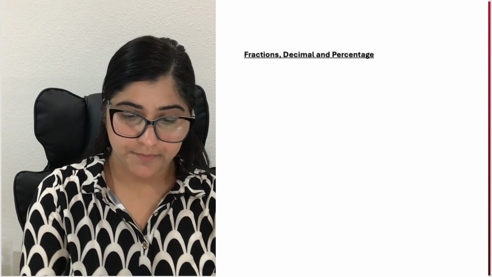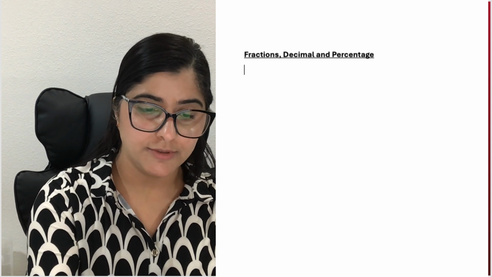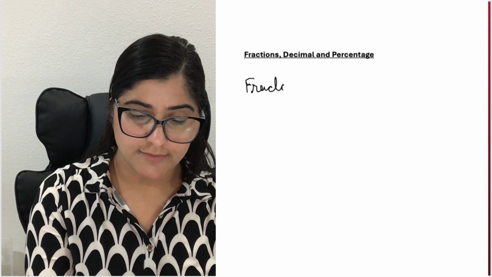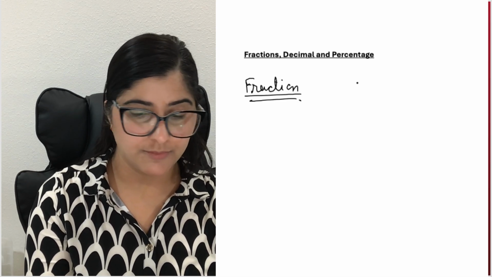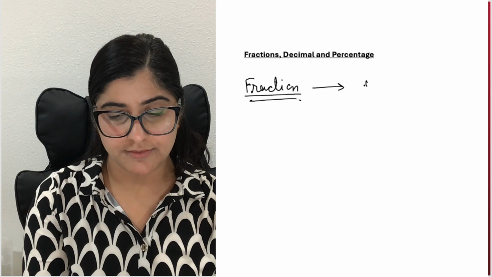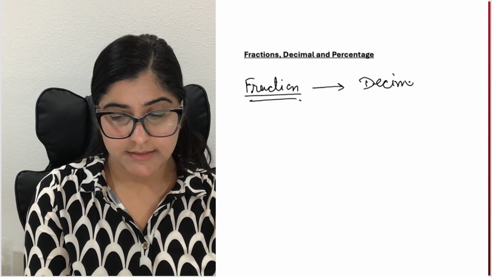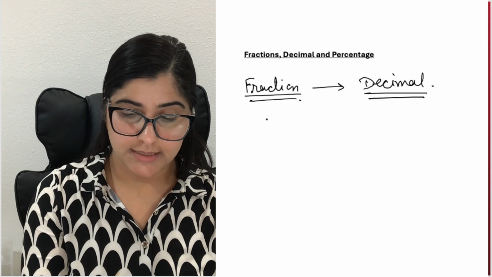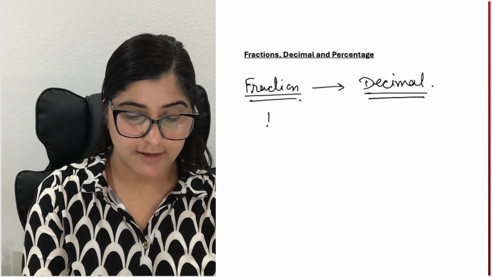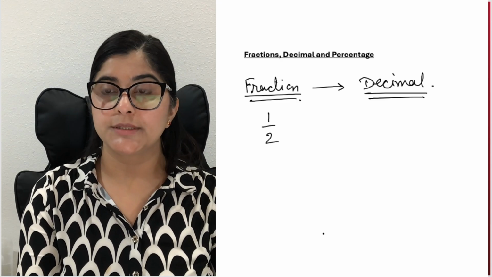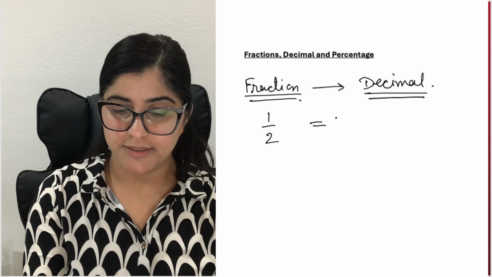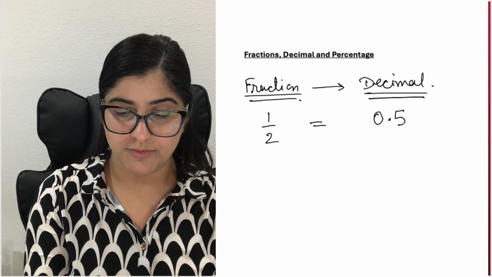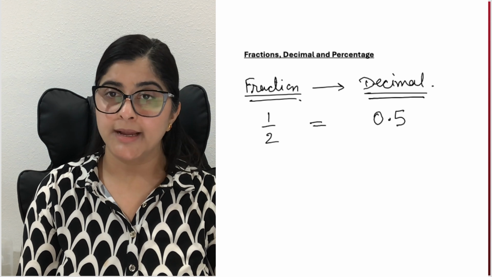So we talk a little bit about fractions. Whenever we are given a fraction, we can write it as a decimal. You can use the calculator. For example, if you have 1 over 2 and you put this in your calculator, it will give you the decimal representation of this fraction, which is 0.5.